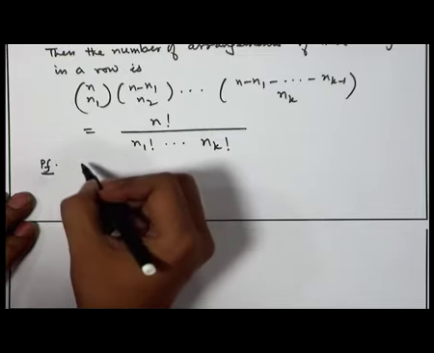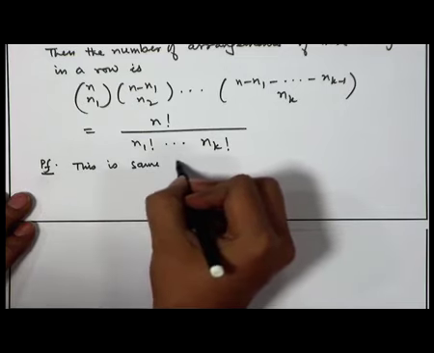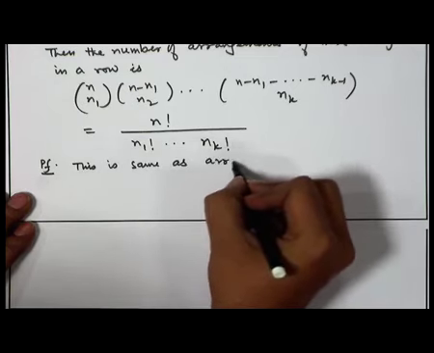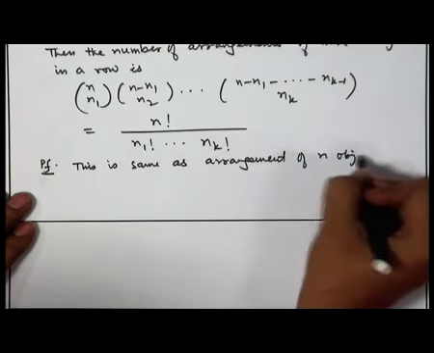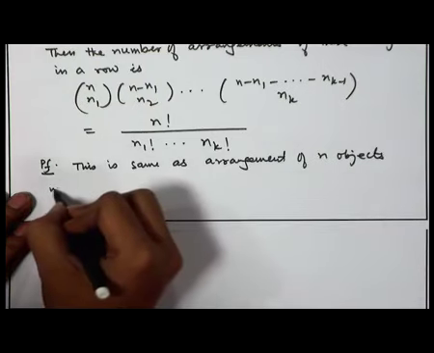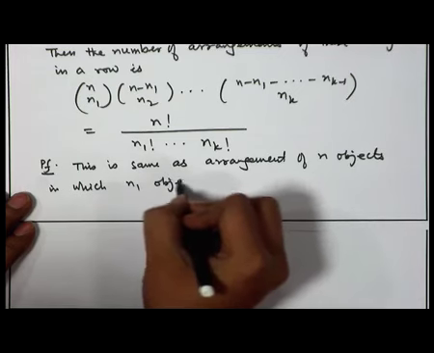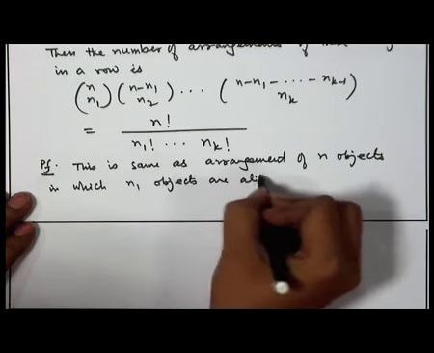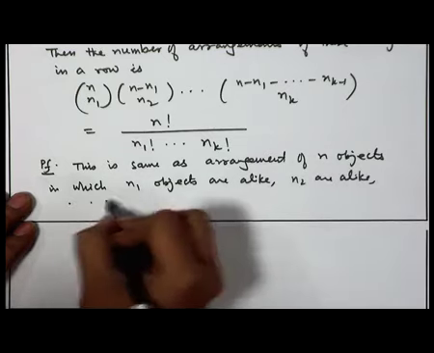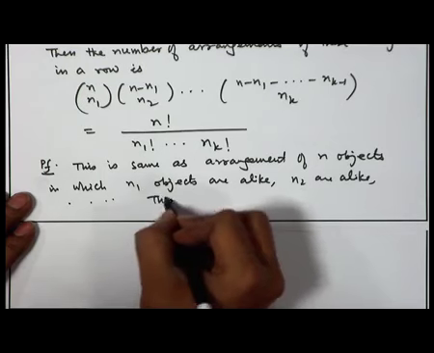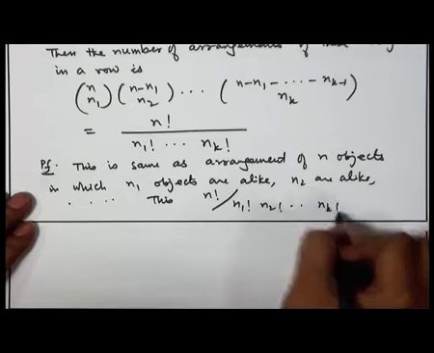So, this is actually the same as the arrangement of n objects in which n1 objects are alike, n2 are alike, and so on. So, this is the same as n factorial divided by n1 factorial, n2 factorial, up to nk factorial.